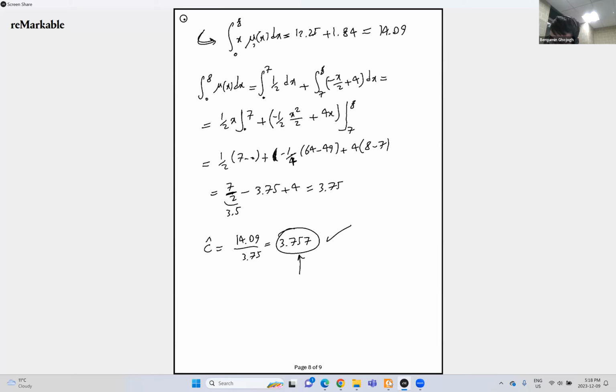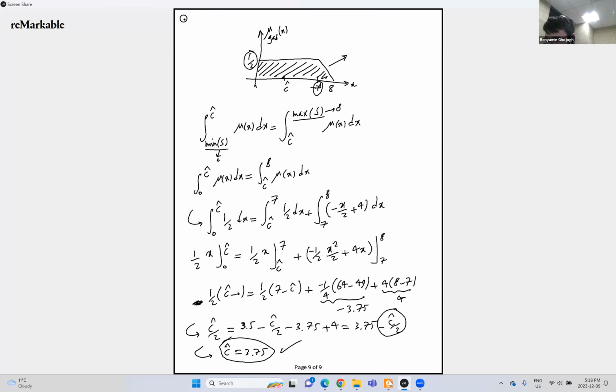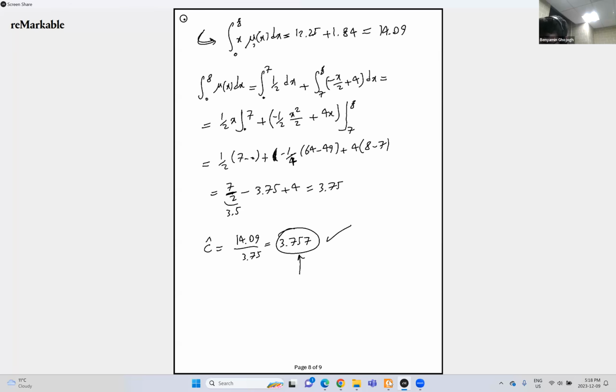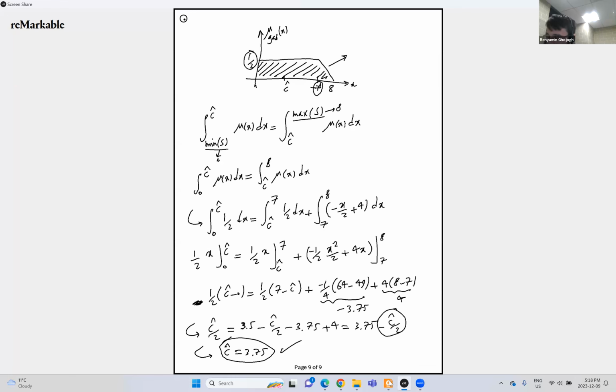It's 3.75 for centroid, and for the bisector method it became equal by chance. Sometimes it is different, so they don't have to be equal to each other.